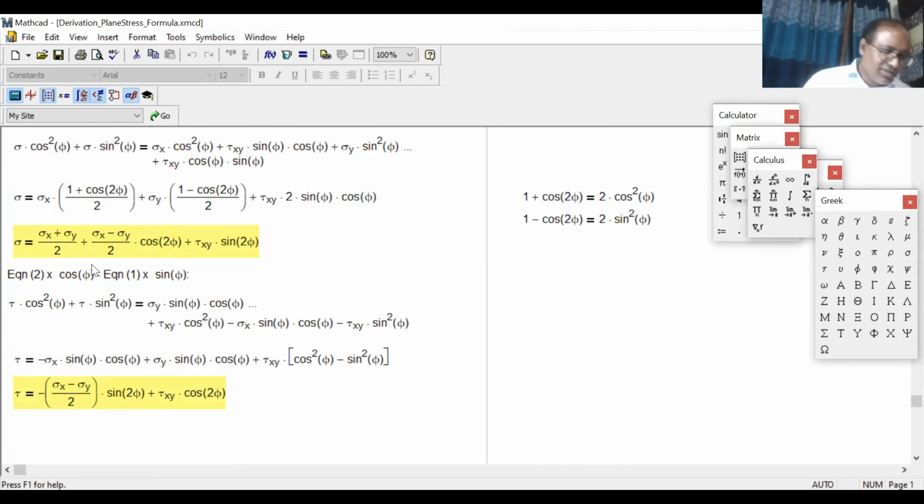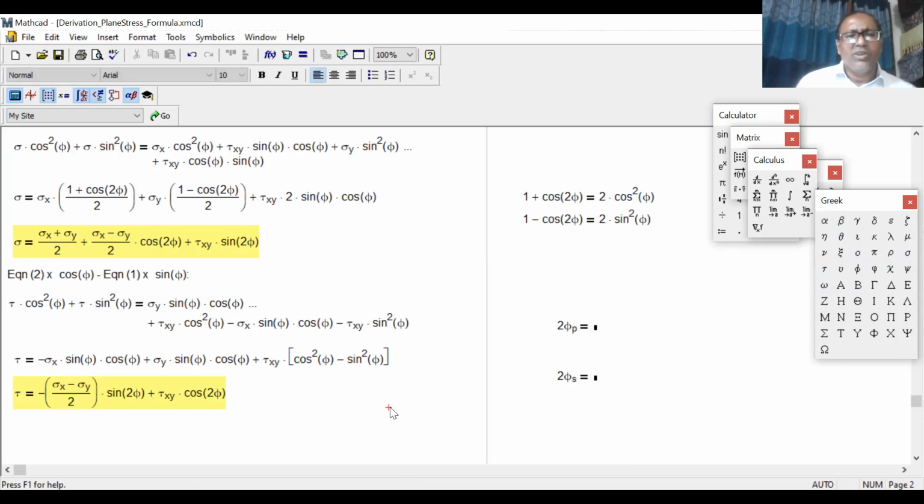Now, why do we need to derive the second equation to figure out the value of 2 phi p? 2 phi p equals what? And then you need to figure out 2 phi s equals what, right?